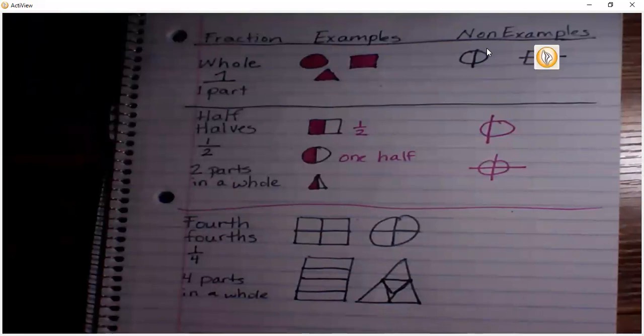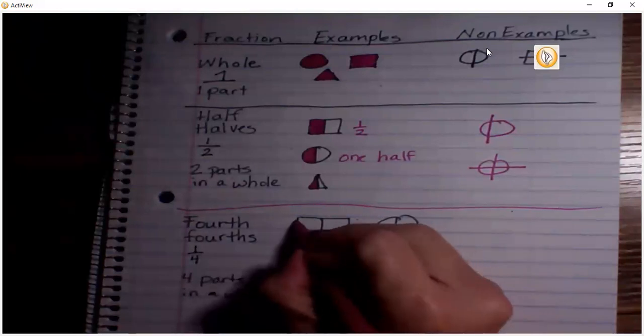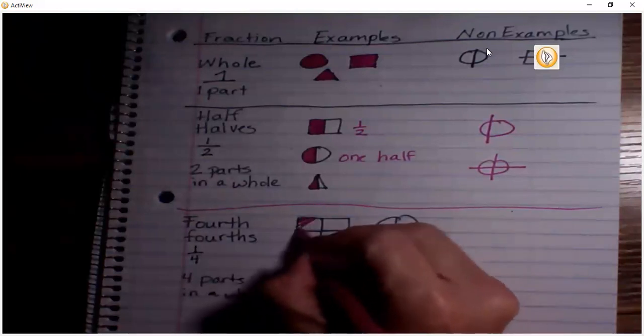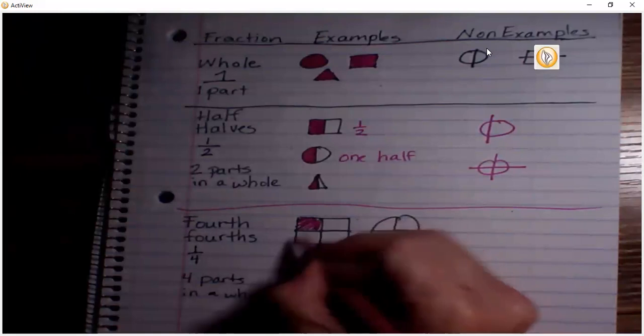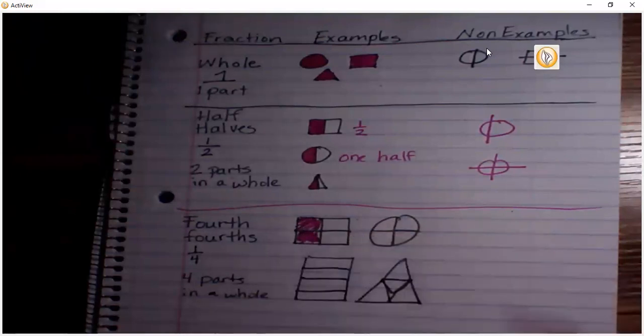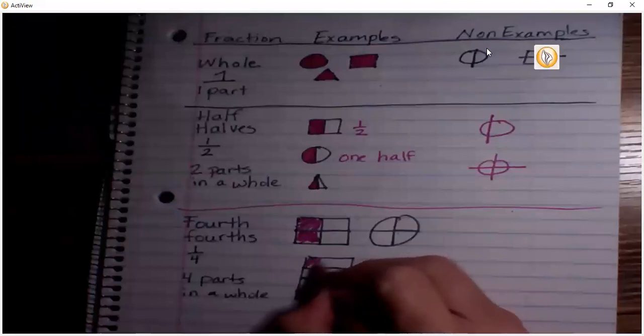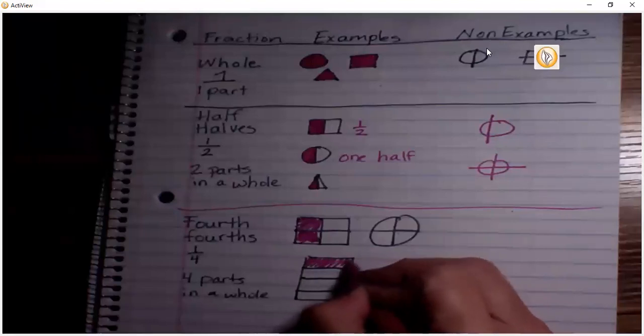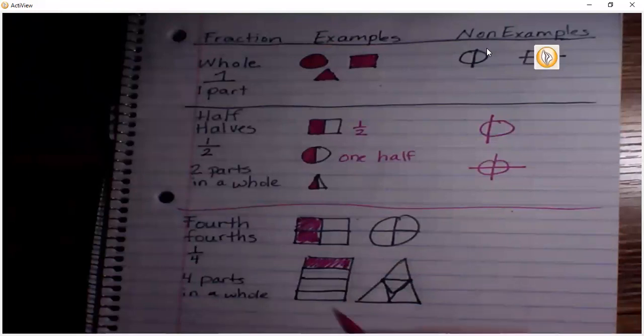I'm going to color these in really special right now. On this first one, coloring in 2 pieces. I'm going to color in 1 piece down here.